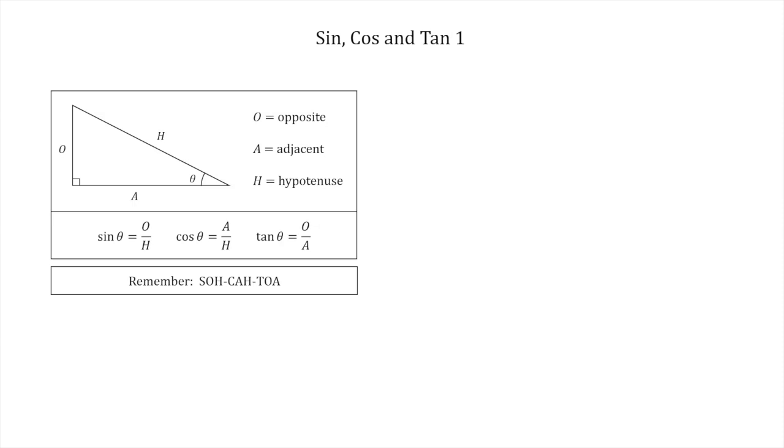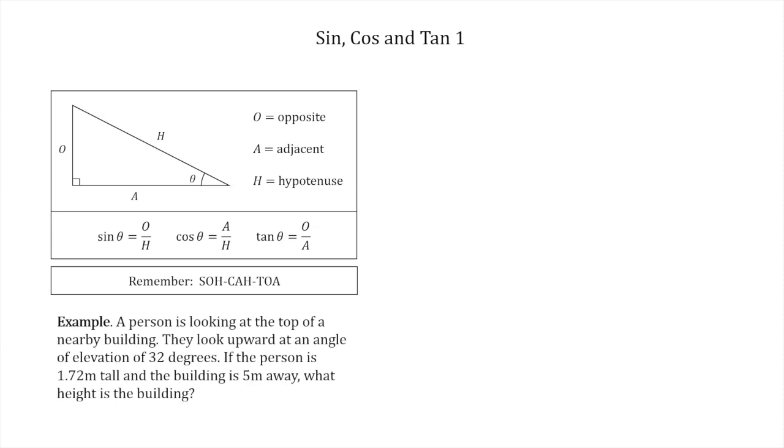If you look at the first equation, the one with sine, sine theta equals O over H, so S equals O over H, S-O-H. Cos theta equals A over H, so C-A-H. And then T-O-A: tan theta equals opposite over adjacent. If you can remember SOHCAHTOA, you can hopefully recall these equations.